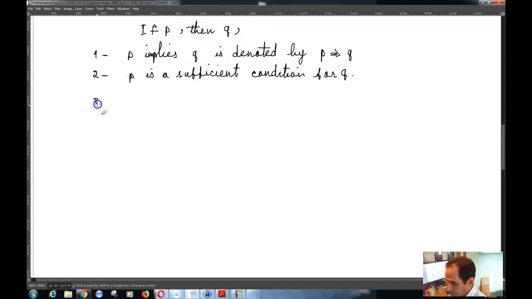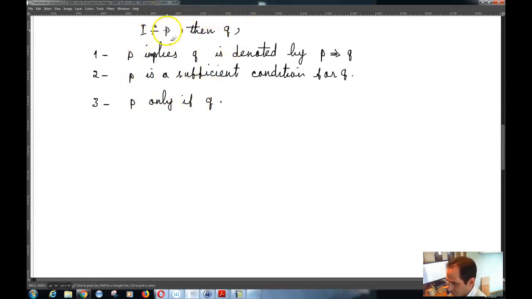And number 3 was P only if Q. What that means is that a number is a multiple of 9 only if the number is a multiple of 3.